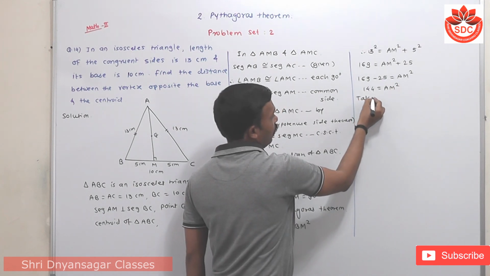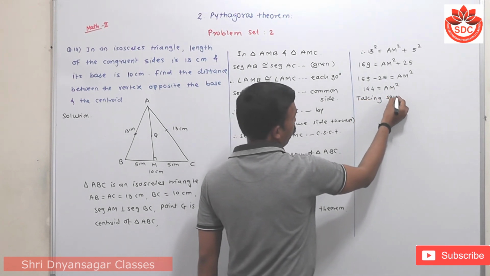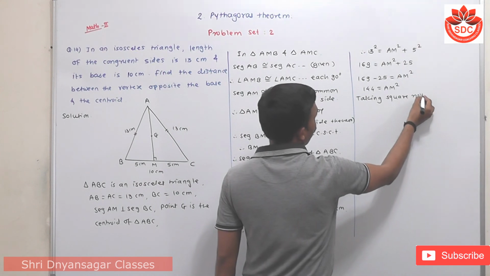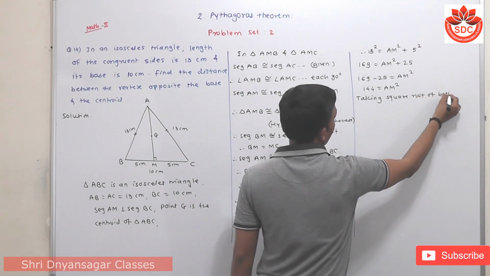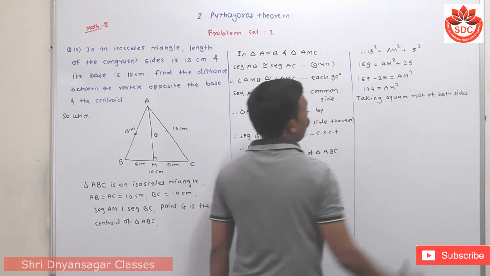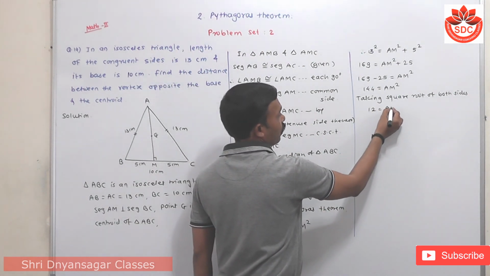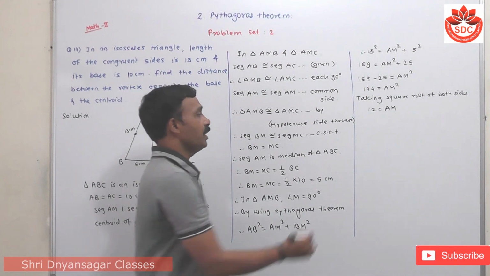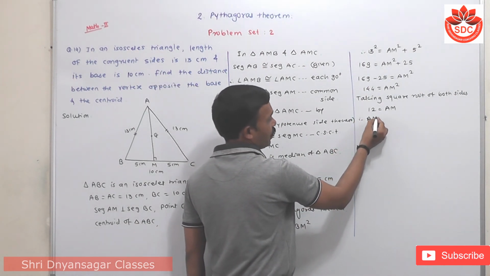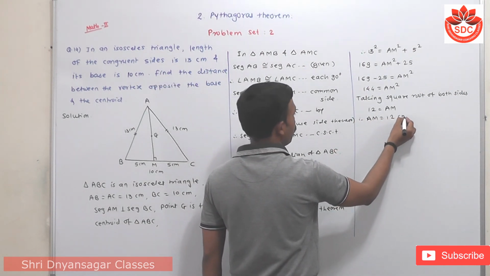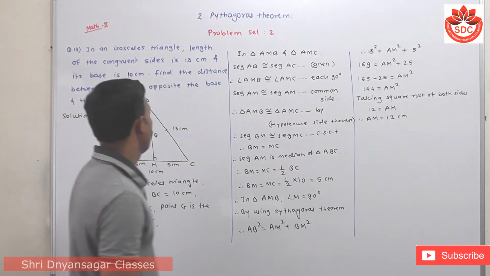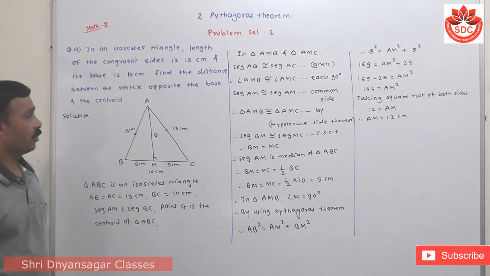Taking the square root of both sides, the square root of 144 is 12, which is equal to AM. So AM is equal to 12. The unit is centimeter. AM is equal to 12 centimeter.